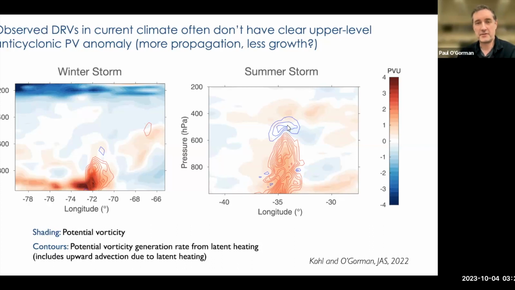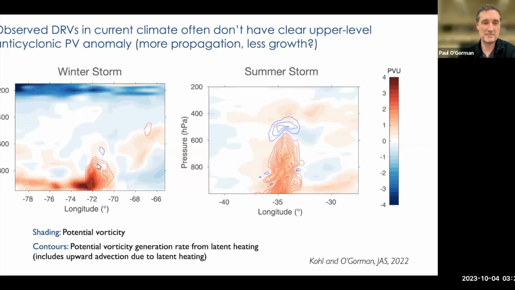It's pretty similar, although things don't extend as high up in the atmosphere. That's just because water vapor is not extending as high up in the atmosphere, because our climate isn't as warm as the hot climates I was showing you earlier. But you see the blue anomaly. It's not quite as clear, I would say, as in the mode or the GCM simulation, but generally the structure is pretty similar.